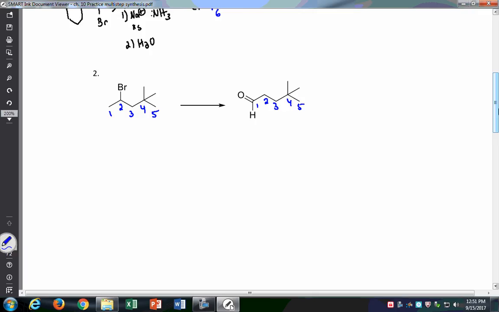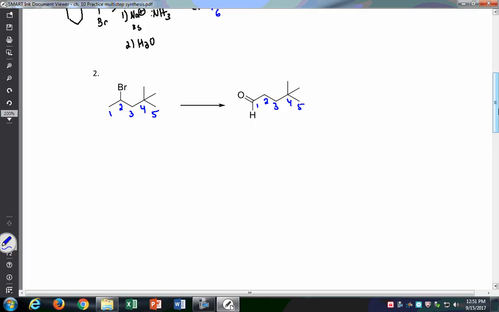What do I need to form a triple bond? We have a strong base. What happens when I form a triple bond? How many bonds? You need 2 leaving groups, and you need 2 hydrogens to deprotonate.